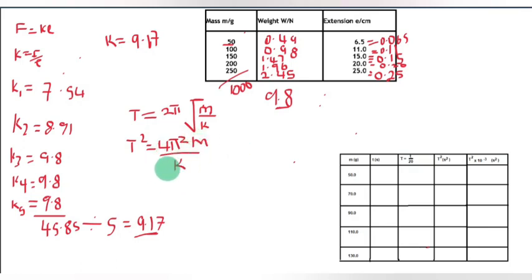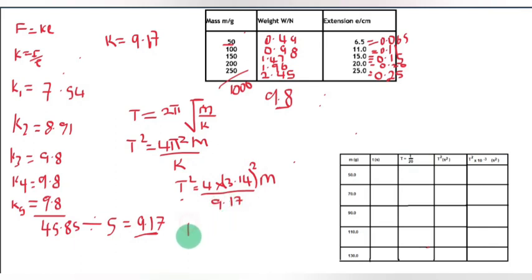So what I'm going to do here is this. I'm going to substitute the value of K and pi squared into this equation. So I'm going to have T squared is equal to 4 times 3.14 squared, divided by 9.17, times M. So I'm going to work out this 4 times 3.14 squared divided by 9.17.